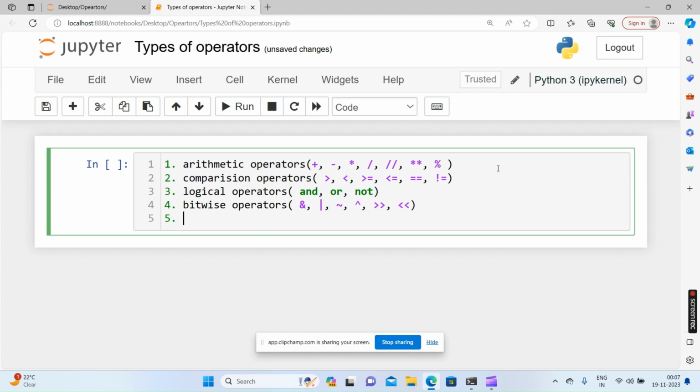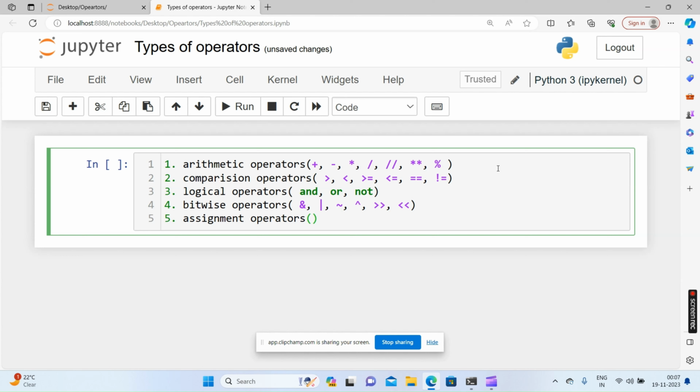The next type is assignment operators. So assignment operators are two types, pre and post. If we write the symbol before the equal sign, it is a pre. If the symbol is after the equal sign, it is post.